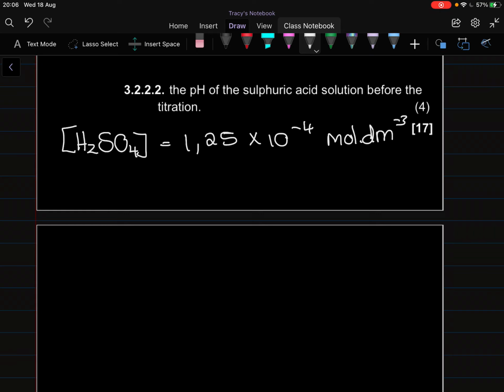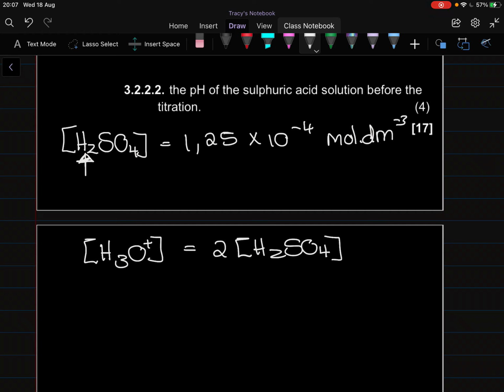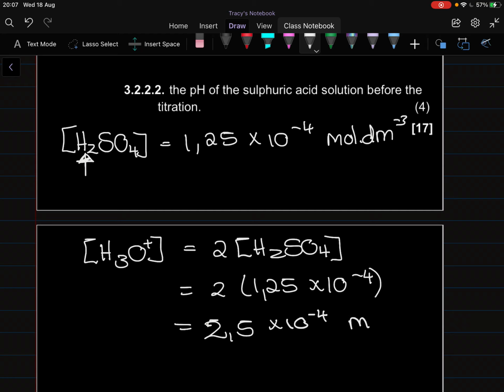We now recognize that in every H2SO4 molecule, there are two H's. That means the H3O+ concentration is twice as big as the H2SO4 concentration. That means it's 2 times 1.25 times 10 to the minus 4, which gives me 2.5 times 10 to the minus 4 moles per decimeter cubed.